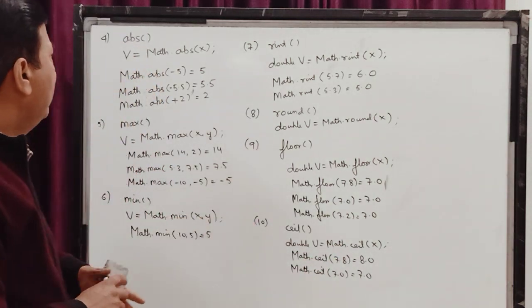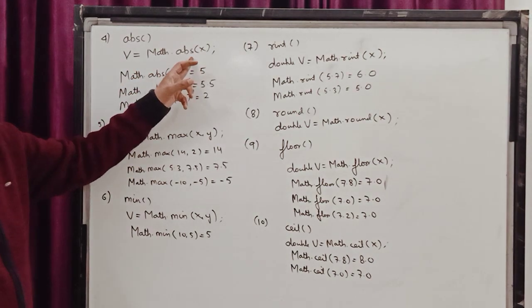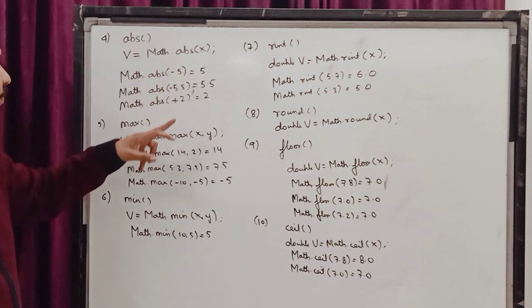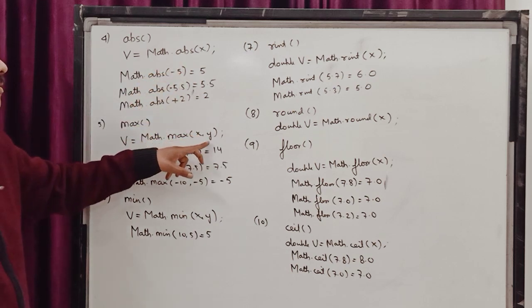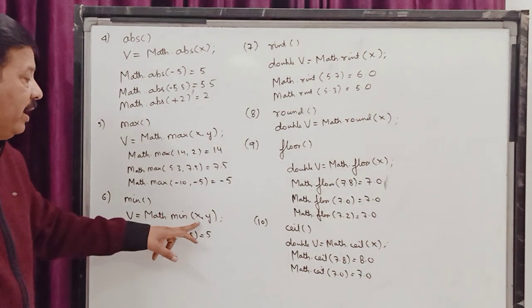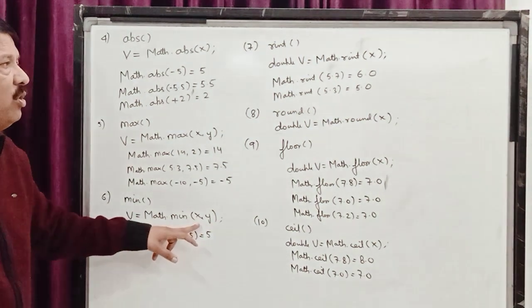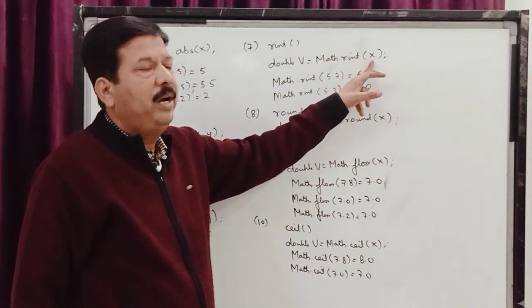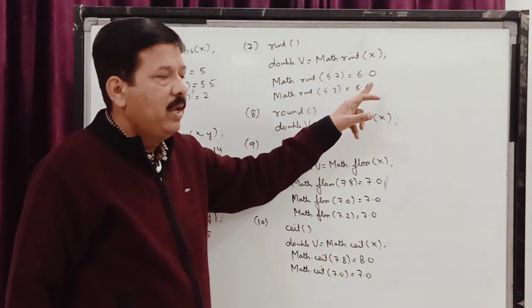I hope children, math.abs is returning us a value without a positive or a negative sign. It is returning us the absolute value. Max is returning us the maximum value out of its two arguments x and y. Min is returning us the minimum value out of its two arguments x and y. Rint function is rounding off its argument to the nearest decimal whole number.